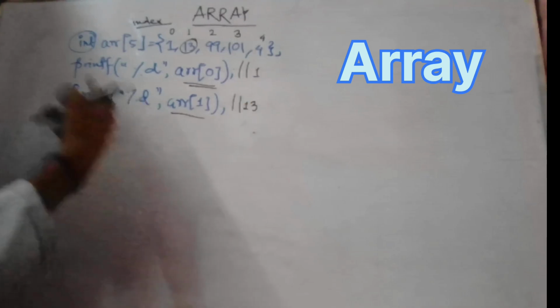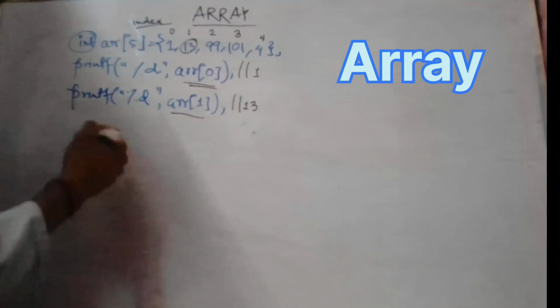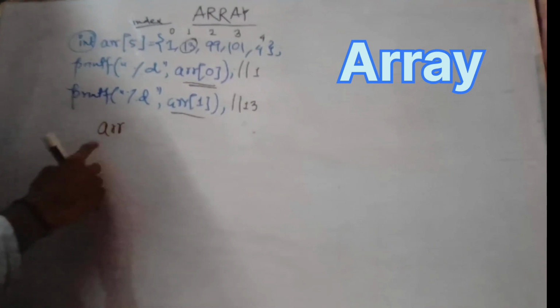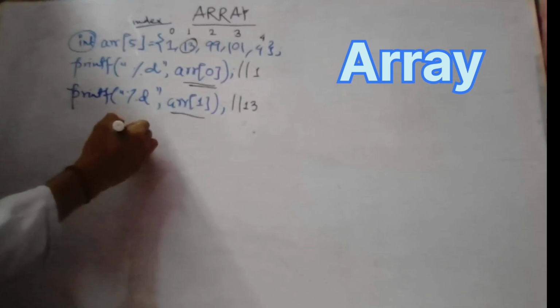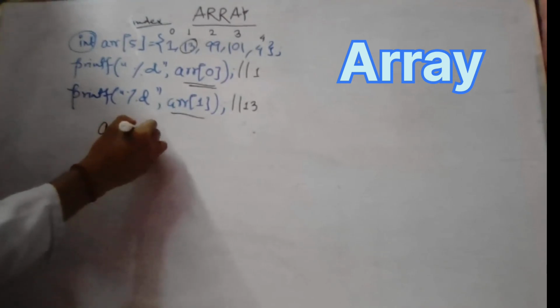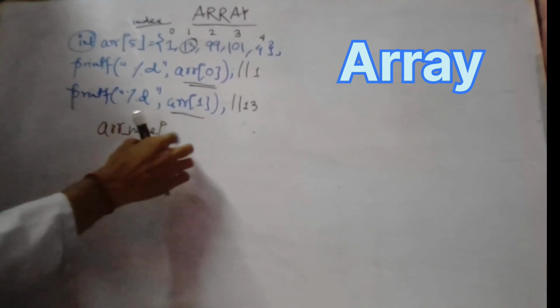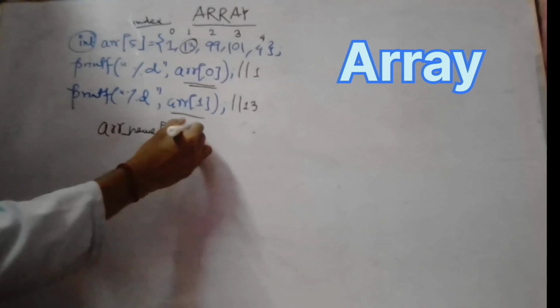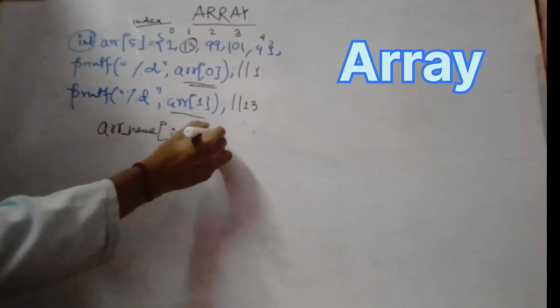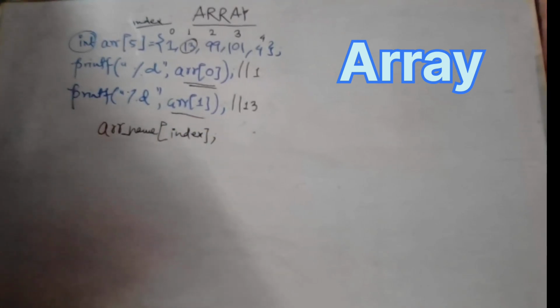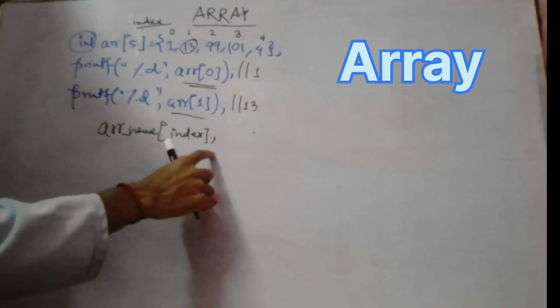So how can we access it? We write the array name, here it is ARR, and in between the square brackets we put the index, whichever index we want to access as an array value. So array name, then index.